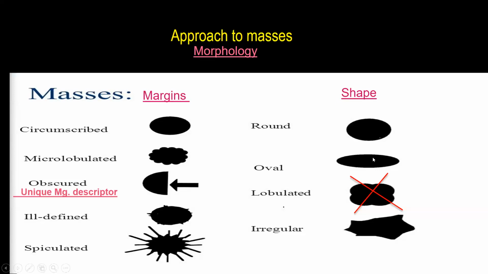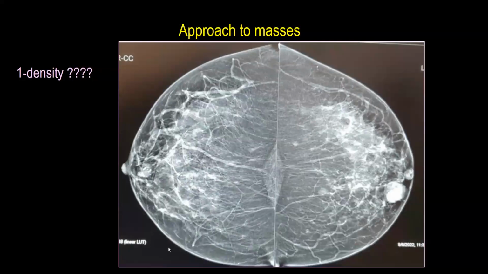As we mentioned, shape is either regular, round, oval, or irregular. No more lobulations. Margins: circumscribed, circumscribed partially obscured, which is a unique descriptor for mammography, in probably benign masses, and microlobulated, ill-defined and speculated in the suspicious group of masses.